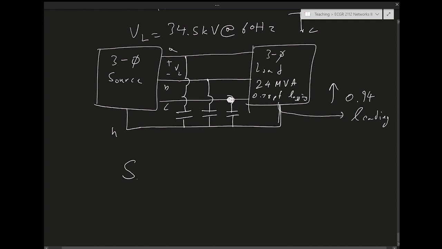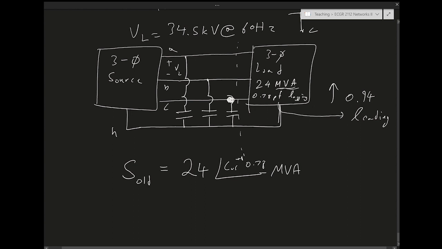So we start with S old. What is S old? The S at the load before we add the capacitors. So that's 24 MVA, right? I'm giving you the apparent power here, MVA. So it's 24 MVA with an angle. What's the angle? The angle is the power factor angle, so it's the cosine inverse of 0.78.